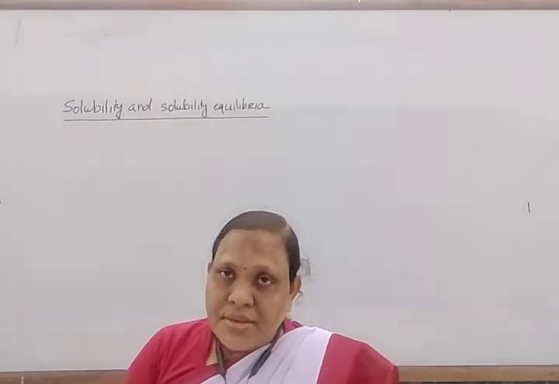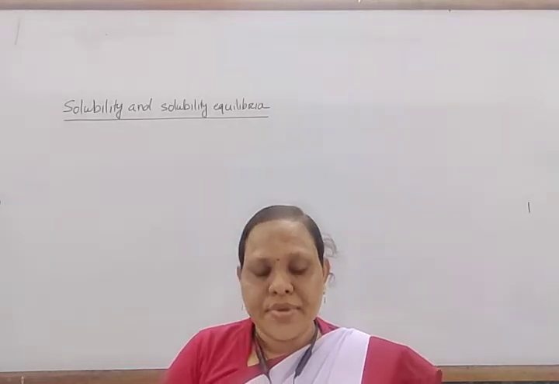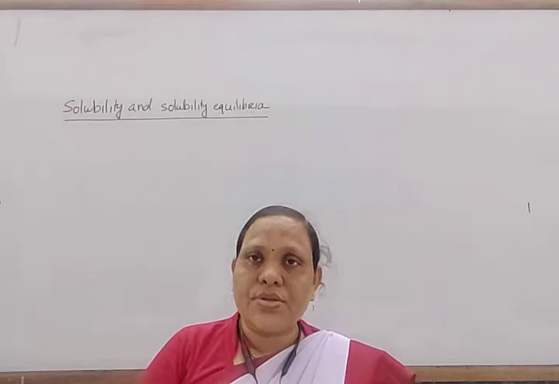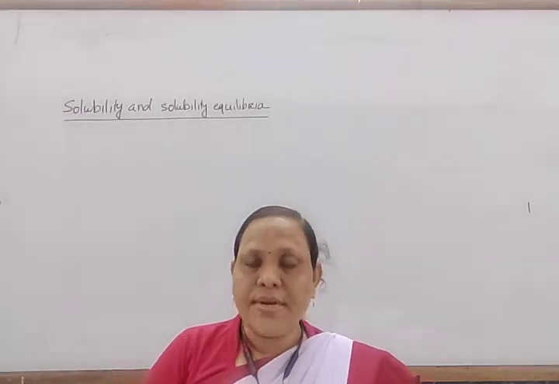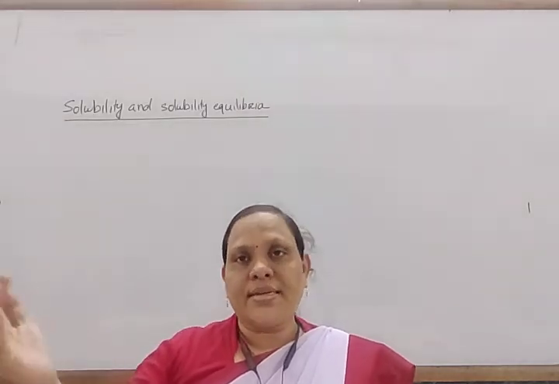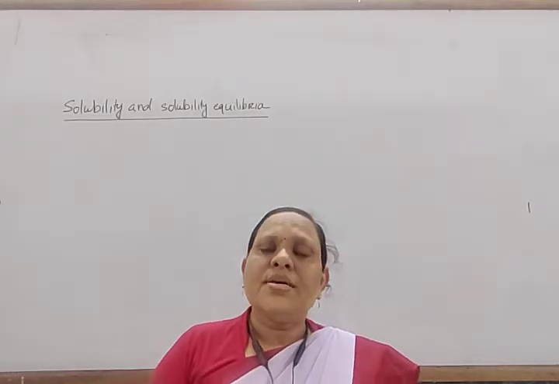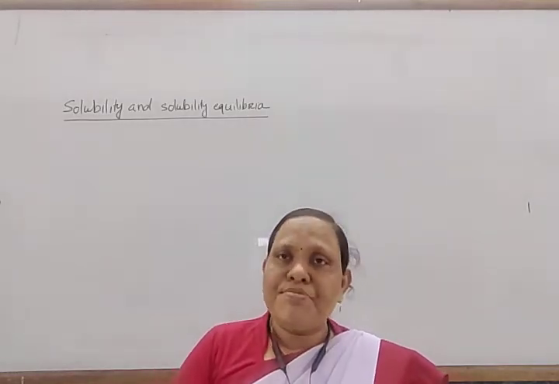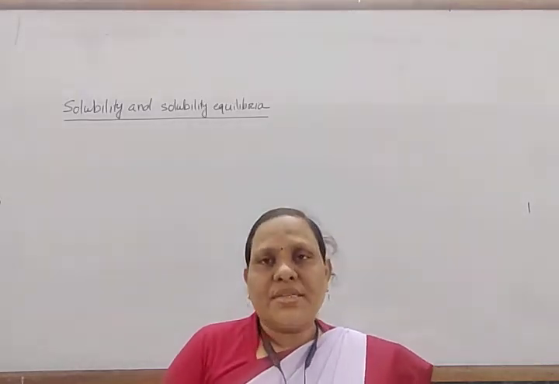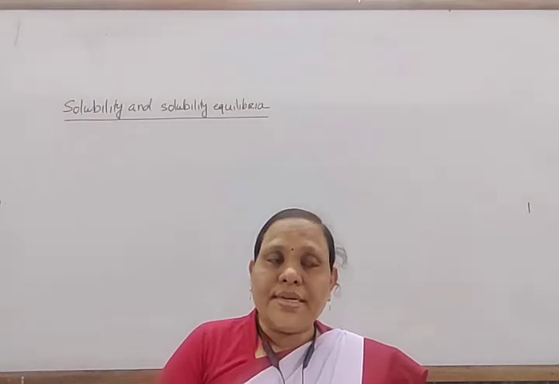So if the temperature decreases, then the solubility decreases, and the solution may become supersaturated. If the temperature increases, then the solubility increases and the same solution may become unsaturated. In this way, solubility is generally measured at a fixed temperature. It is better to measure at standard temperature. So this is the solubility.